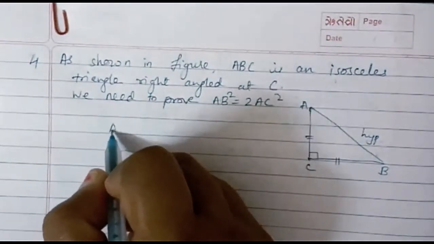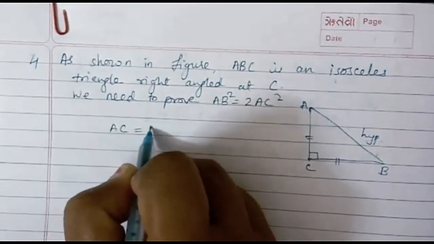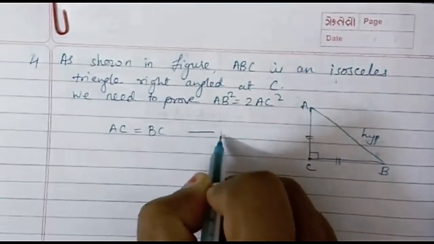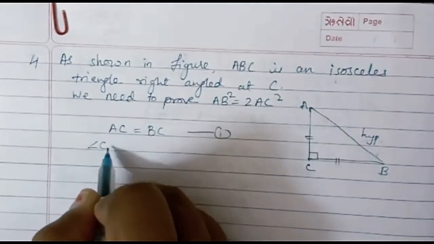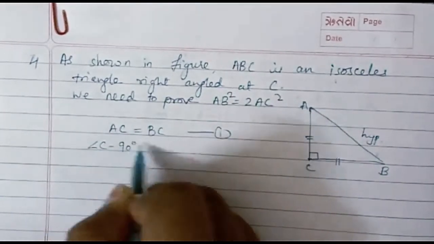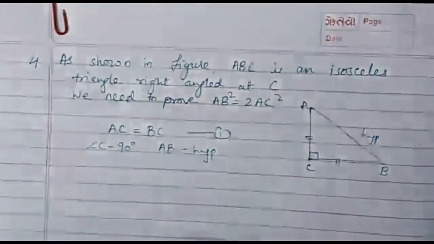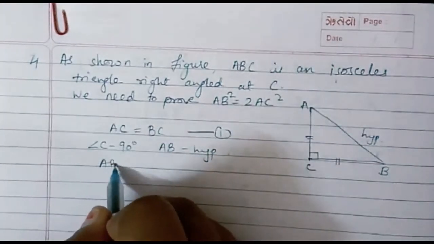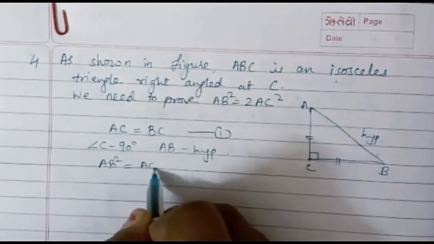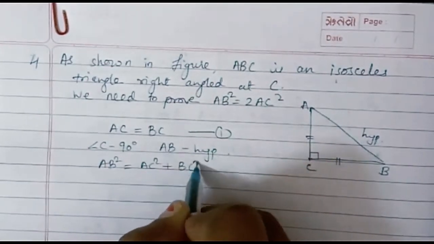So we can write, as it is isosceles, AC is equal to BC, result number 1. And as angle C is 90 degrees, AB will be the hypotenuse. By Pythagoras theorem, AB square is equal to AC square plus BC square, right?